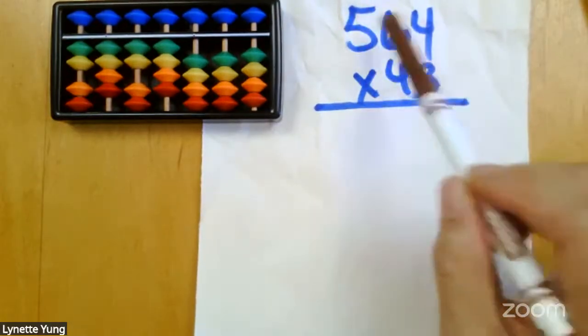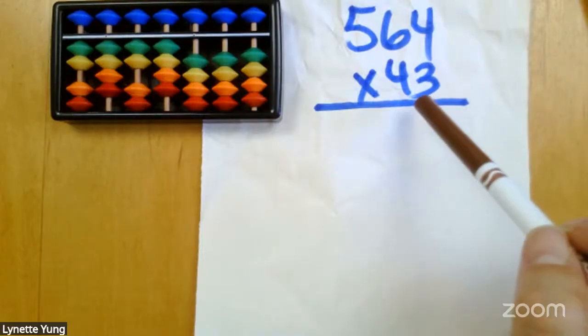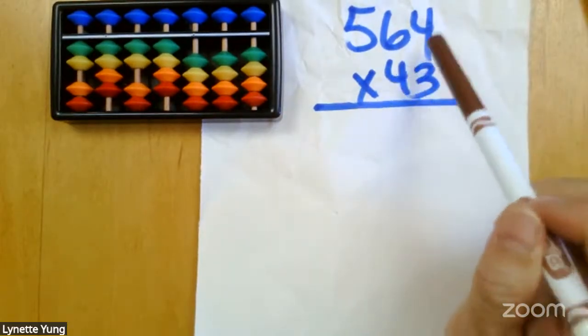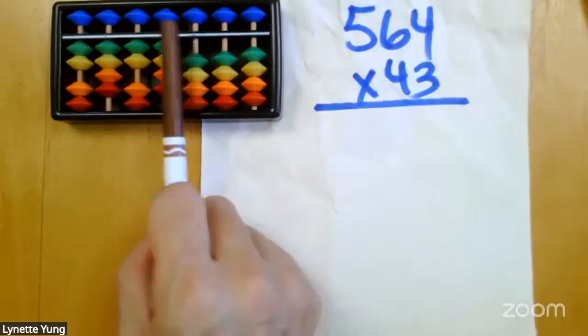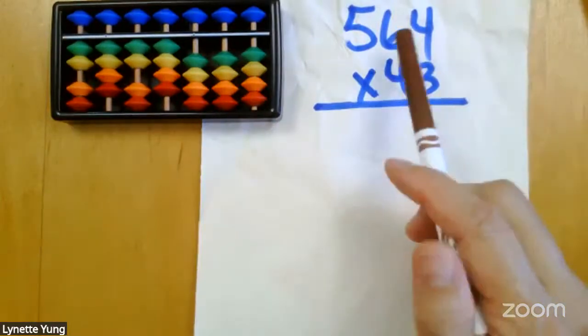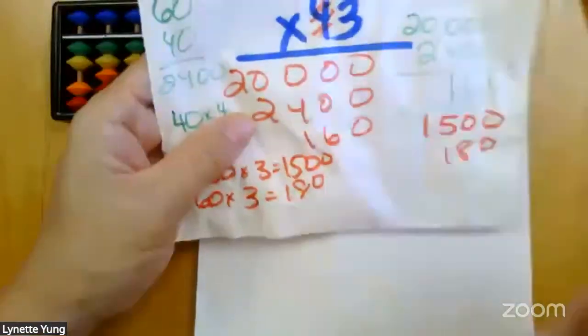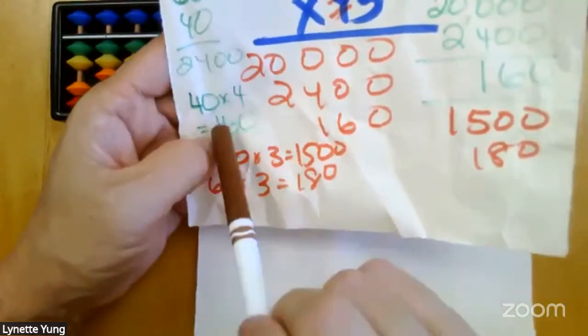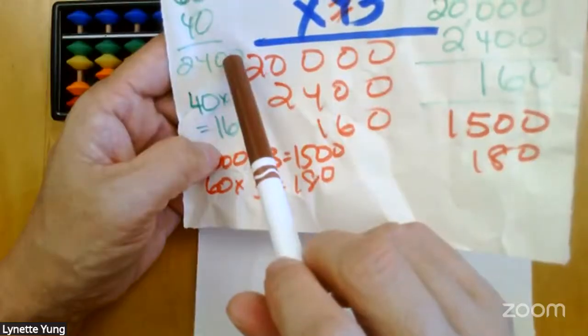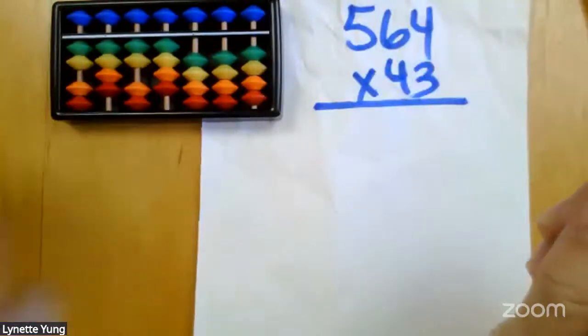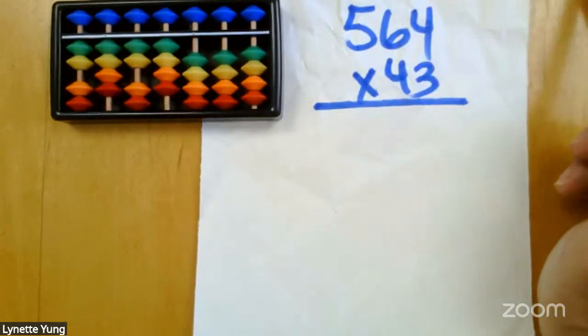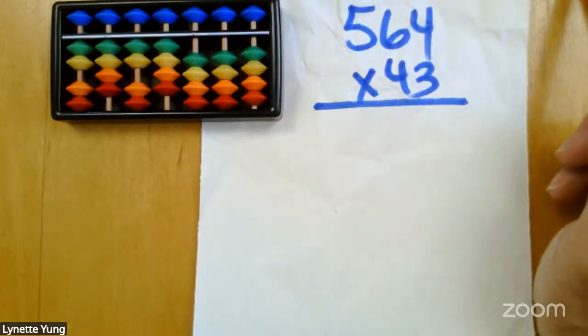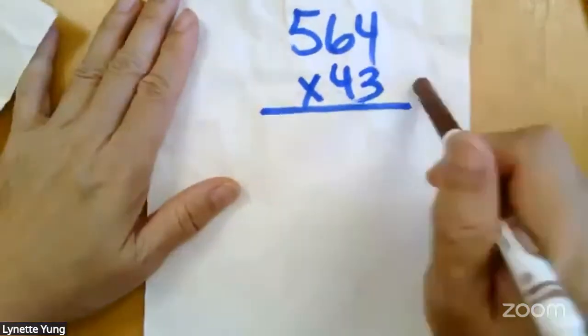I don't know how they teach this part with the kids. They don't count 1, 2, 3, 4, 5. They don't say, "Oh, I have to go 5 digits over." They don't do place values over. They work it out first and then they put it in. Yeah, but if you don't have the abacus, how are you going to teach them this?